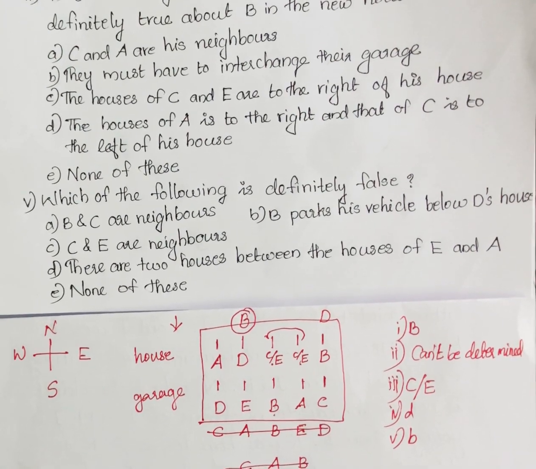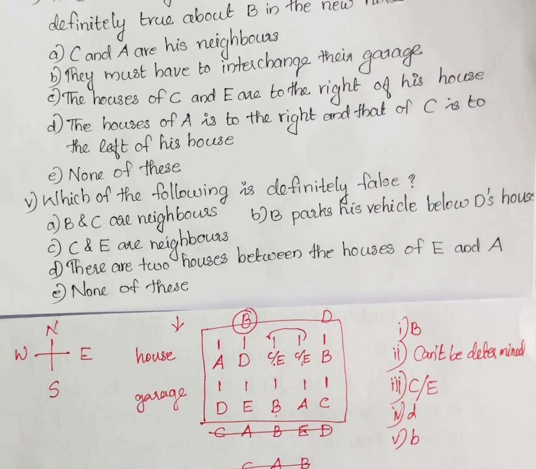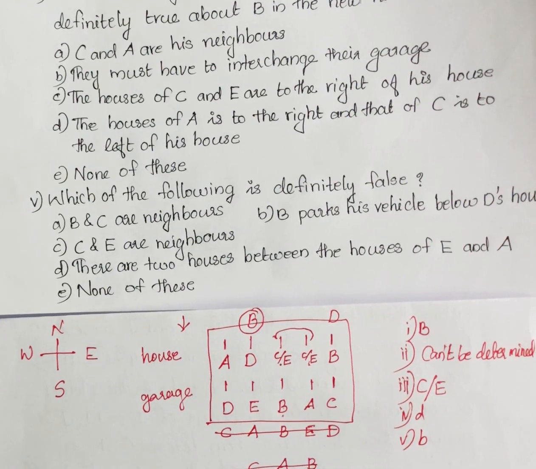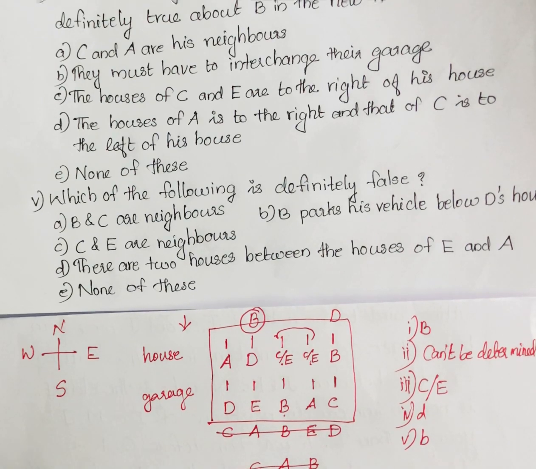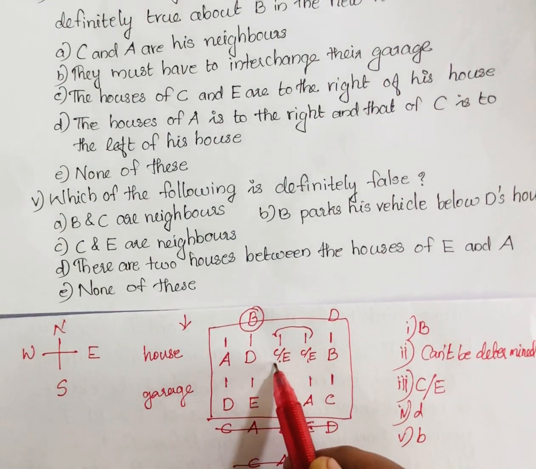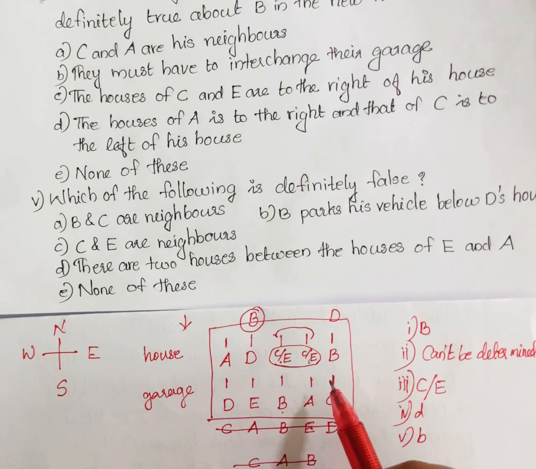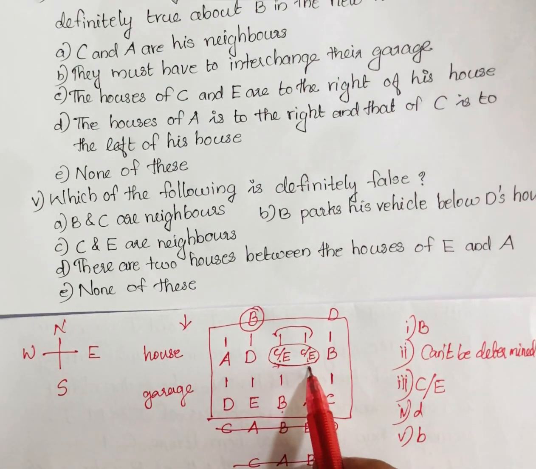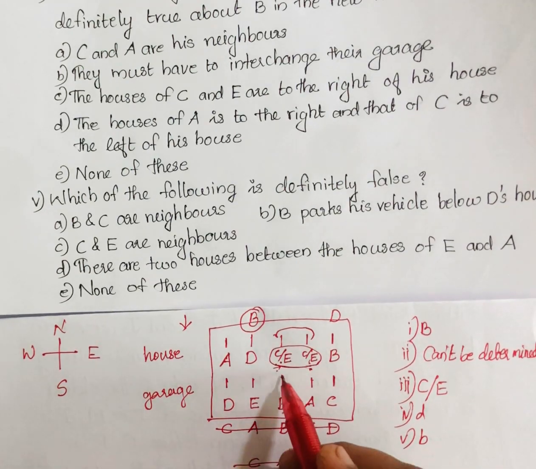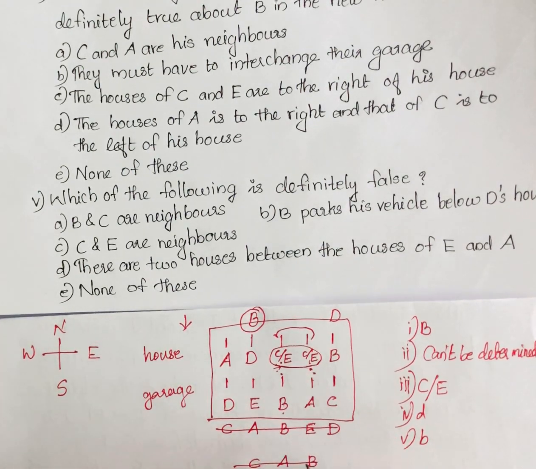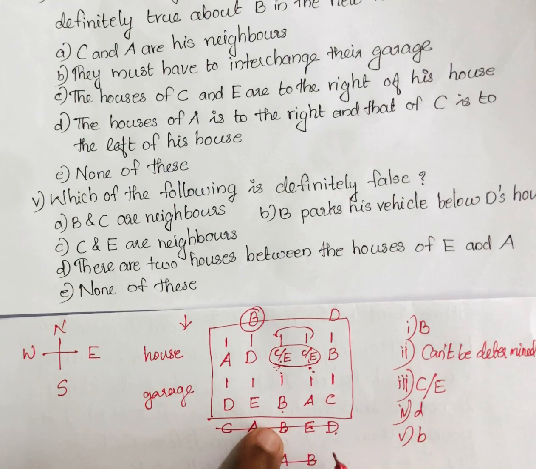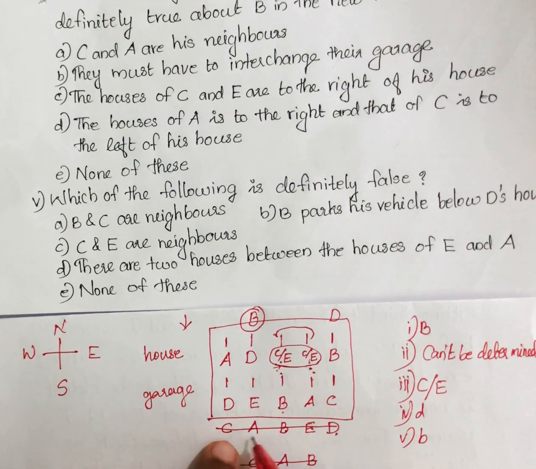Okay. So if we draw this diagram, we can easily answer the questions. Then we should be very careful while drawing this diagram. In this question, there are possibilities for C and E. These two places are C or E. So if we are drawing the diagram, we should write down C or E in both places. Otherwise, if we write C here and E here, then this one is B. This also will be possible.